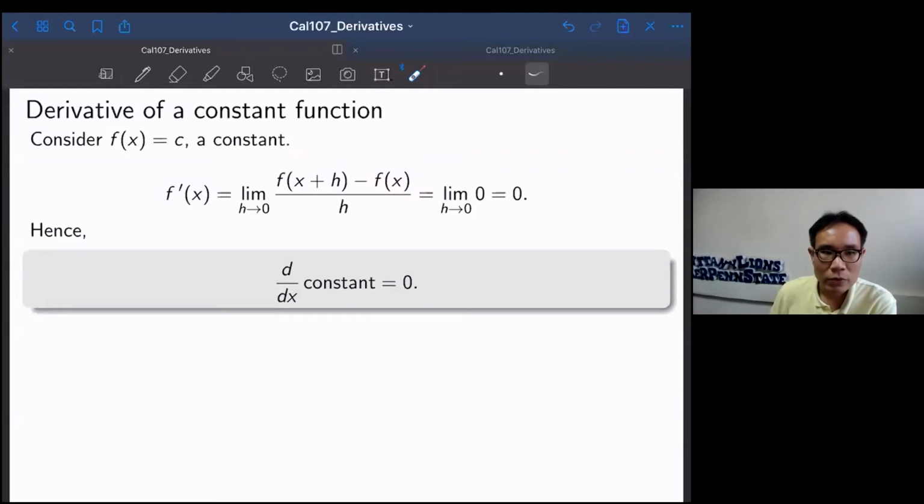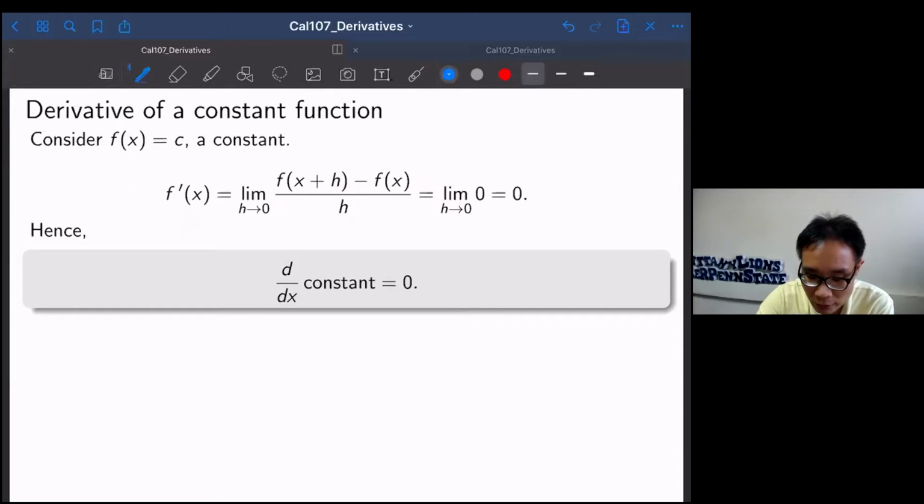Okay. So we have f(x) equal to c, a constant, and if you'd like to find the derivative of the function, from the definition you have the limit as h goes to 0 of (f(x plus h) minus f(x)) over h. This is standing for f prime of x. So you have the limit as h goes to 0 of c.